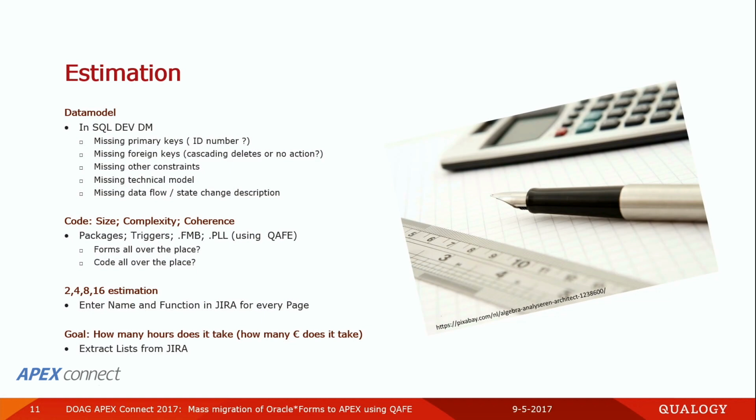We found that for the first project I ever did, oh, by the way, I only had 2 customers ever coming over to me and say, hey, please come over and transform my forms to Apex. All the other migrations I did were started from a project where you start building, it grows, and then some functionality trickles over, and you start to take some forms over, and then somebody at the end says, yeah, well, that's no way of looking at it.